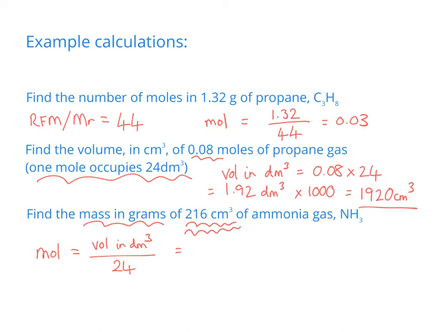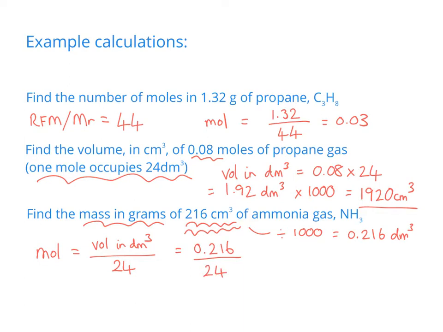So 216 is not in decimetre cubed, so I want to divide by 1000, and that will get me 0.216 decimetre cubed. I can now put that in my equation to tell me how many moles of ammonia there are in 216 centimetre cubed.